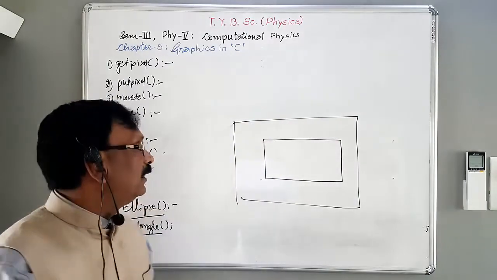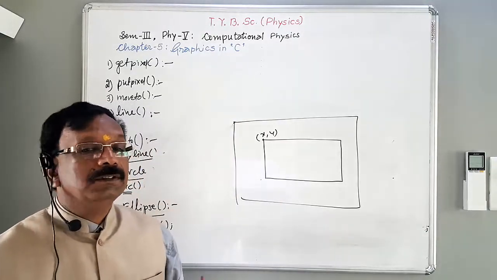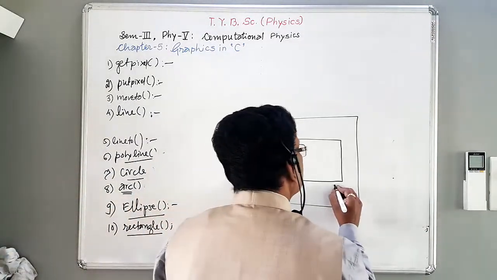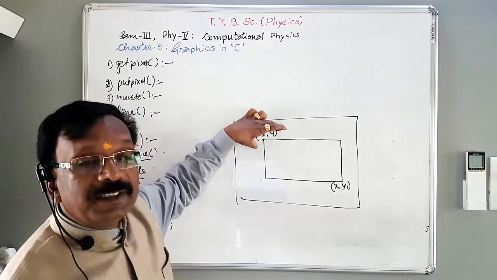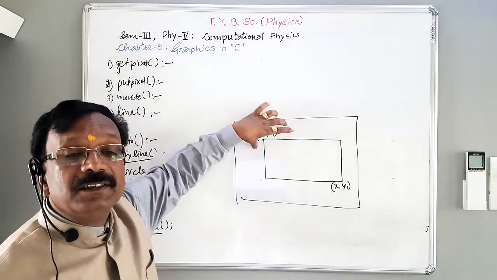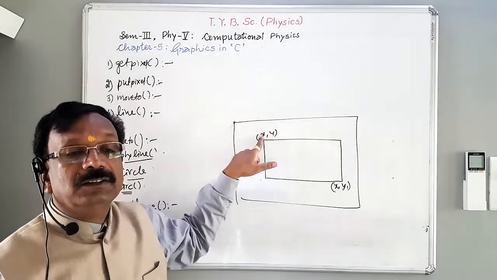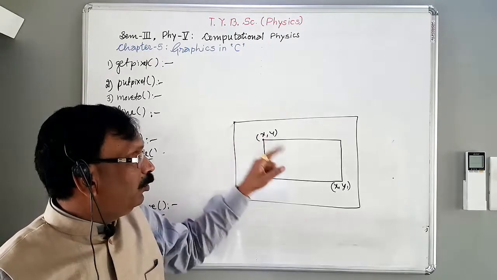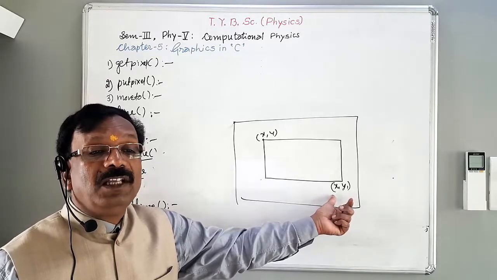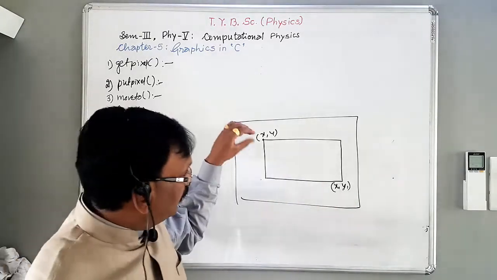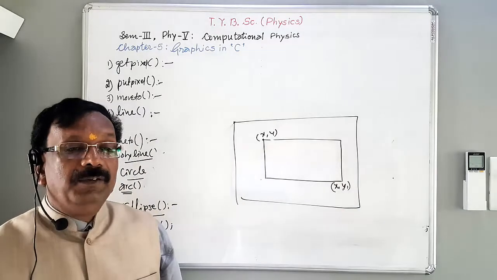The first 2 points, x and y, are the left and top. The other 2 points, x1, y1, are the right and bottom. These 2 points are very important. The first 2 points, left and top, give one corner point, and the remaining 2 points, x1, y1, the right and bottom points, give the other corner. In this way, we just drag and reach here, and we will get the rectangle.